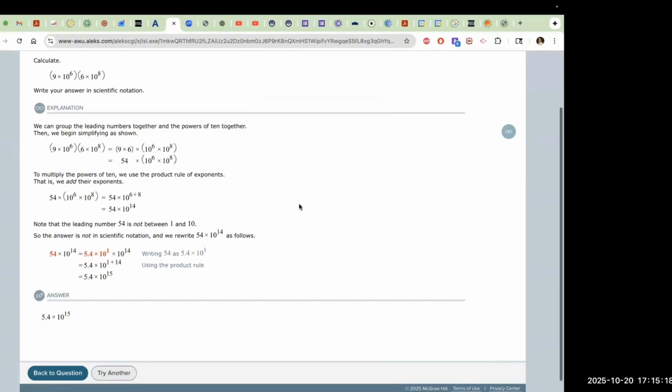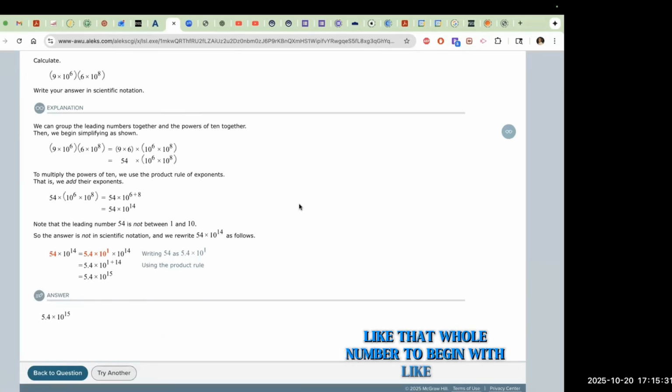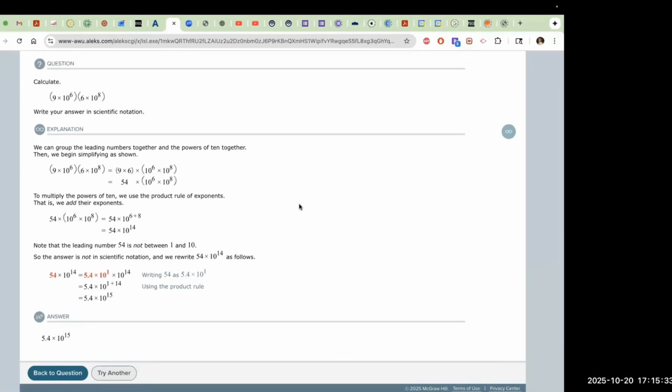Yeah, that's a lot to it. Like if you have that whole number to begin with, I can't remember which step, but if you can get the whole number right off the bat, it's pretty easy.